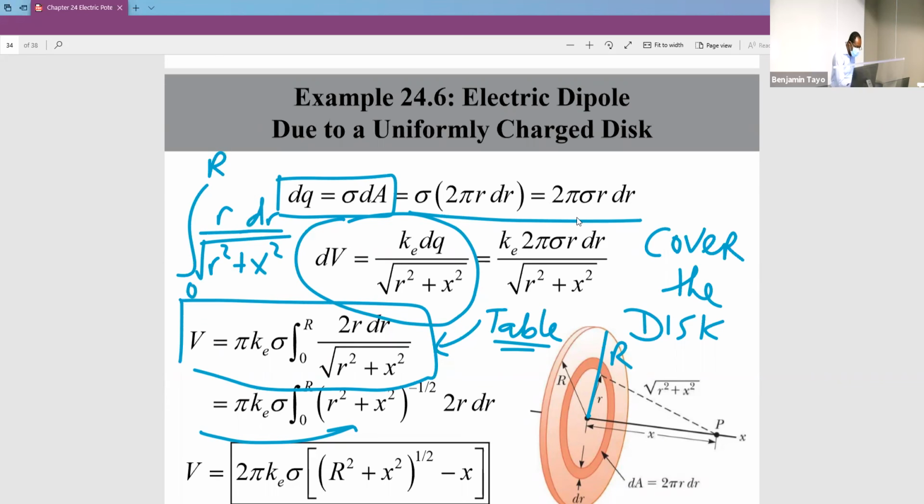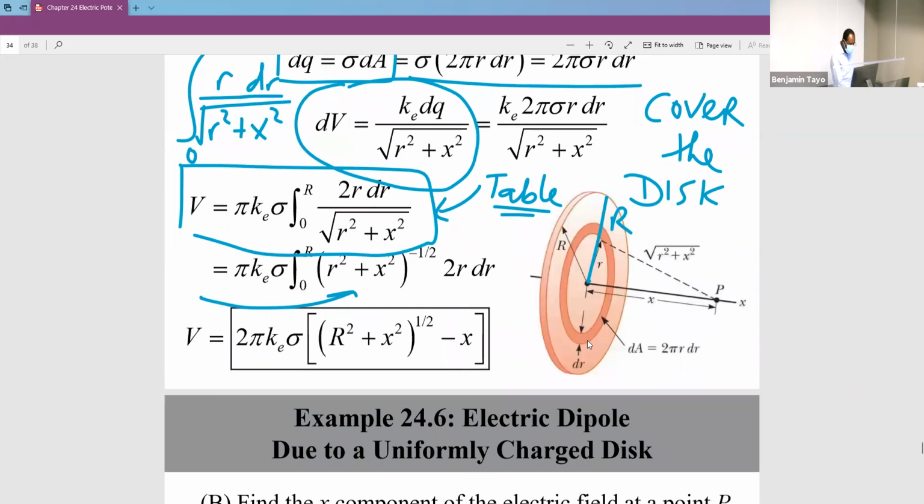You don't need to worry about trying to solve that integral. Once you set up the integral, you just go to your table and look up the value. If you do that carefully, you're going to get something that looks like this final value right here.